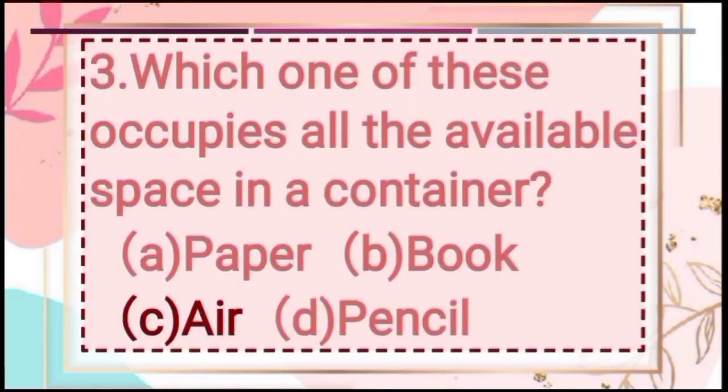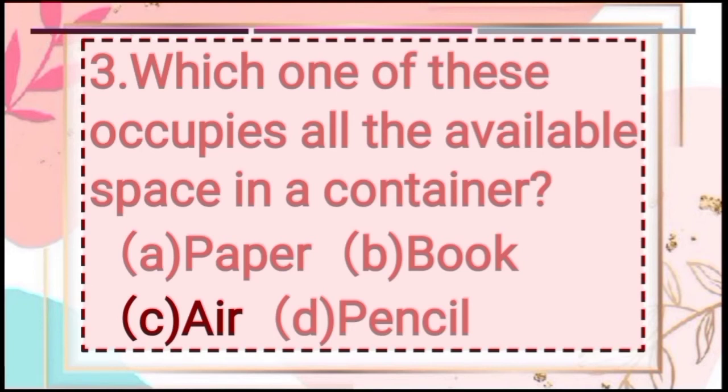Now let's see third MCQ. Which one of these occupies all the available space in a container? Options are A, paper, B, book, C, air and D, pencil. Unlike liquids, gases like air occupy all the available space in the container.